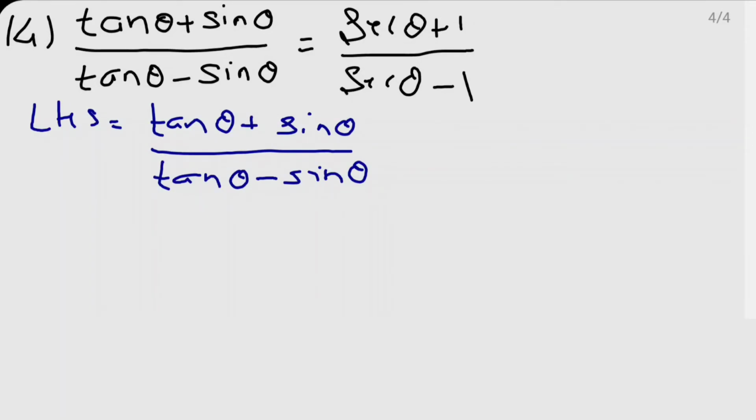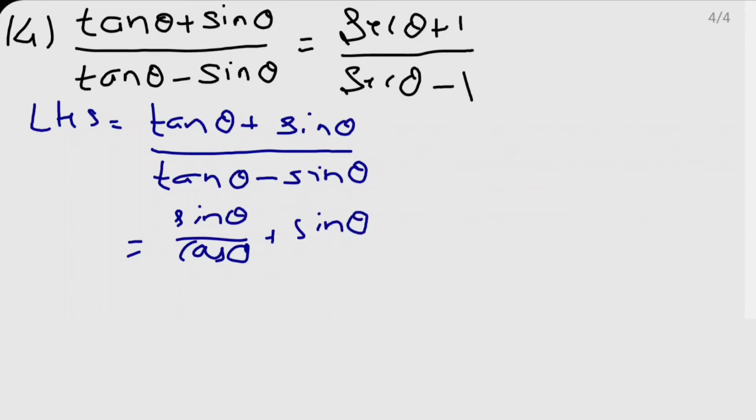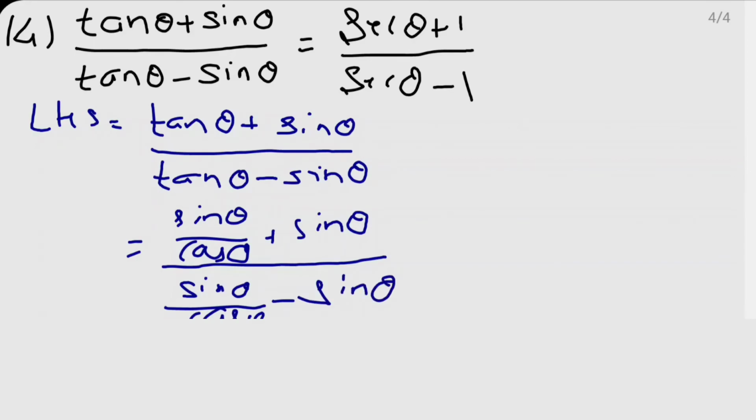So next step here, tan theta we can write sin theta divided by cos theta, and plus sin theta as it is. So this divided by, here also tan theta, so tan theta we can write sin theta divided by cos theta and minus sin theta as it is.